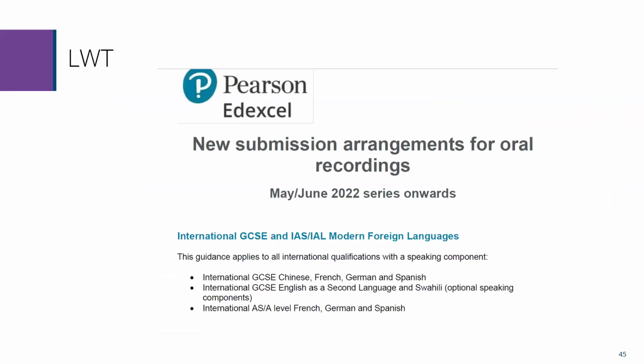The submission arrangements for recordings, we now need to ask you to upload everything to the website, which is that learner work transfer. It says new arrangements, but they were new in June 2022. So people have probably done this before, but again, just have a look and make sure that you're aware of how learner work transfer works, or that your exams officer is. This is quite often a job that exams officers will do.